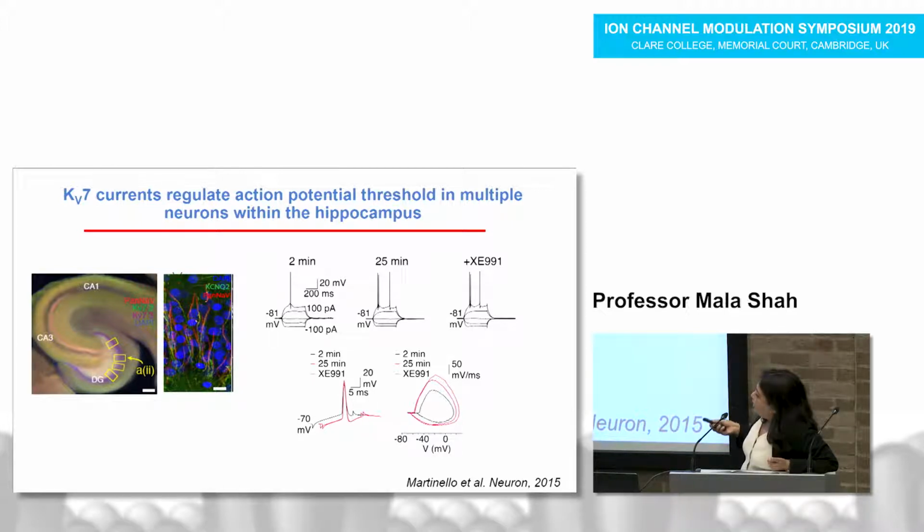If you look at single action potentials, this is your control action potential, and 25 minutes following ABP dialysis, the action potential threshold is reduced considerably. If we add XE991, there is no further change, suggesting that in these neurons at least, there are no Kv7 currents in the soma, and the majority of it is present in the axons, the mossy fibers.